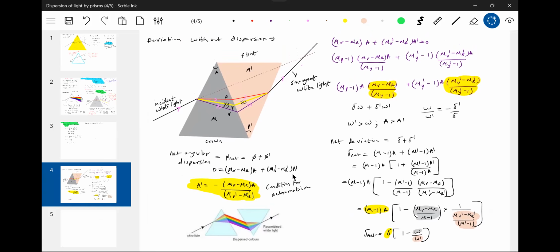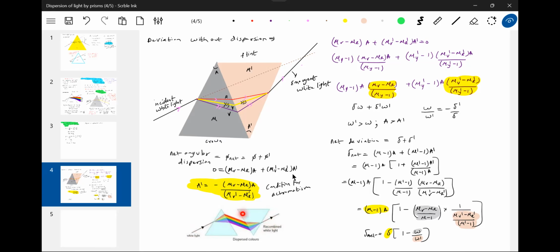Yeah, this is our basic discussion. So now, if white light is passing through it, it will spread in the first prism. Again the spectrum will undergo deviation. Then the second prism will recombine the light. So the recombined white light is what the emergent light will be, white light only. I don't get any spectrum. White light is incident, again I'll get back the white light. So therefore we don't have any dispersion.